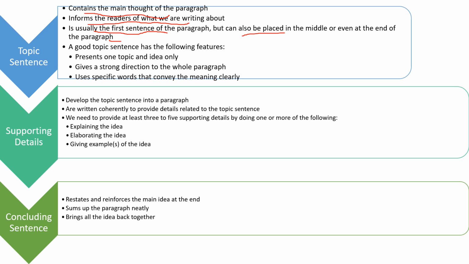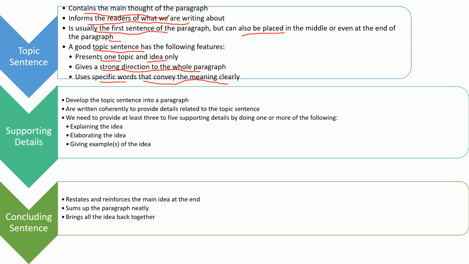A good topic sentence has the following features. The first one is it presents one topic and one idea only. It gives a strong direction to the whole paragraph. It uses specific words that convey the meaning clearly.